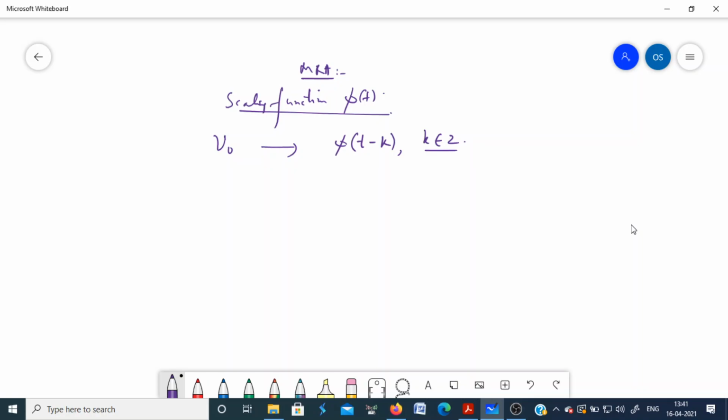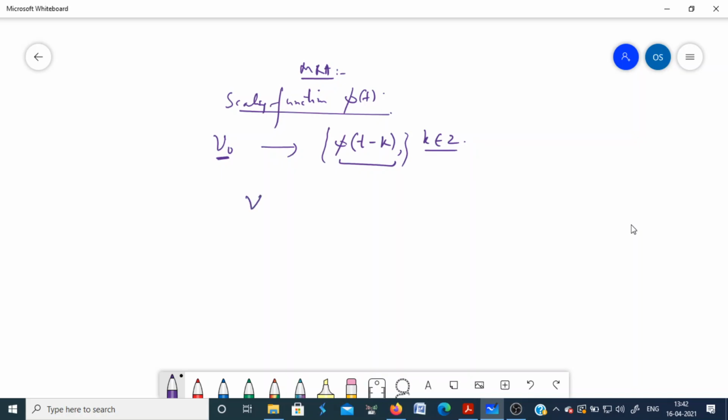So V naught is the space of functions generated from these translations: phi t minus 1, phi t minus 2, phi t minus 3. Then you combine them with some coefficients and generate functions. The set of all functions that can be generated using these translations is V naught.